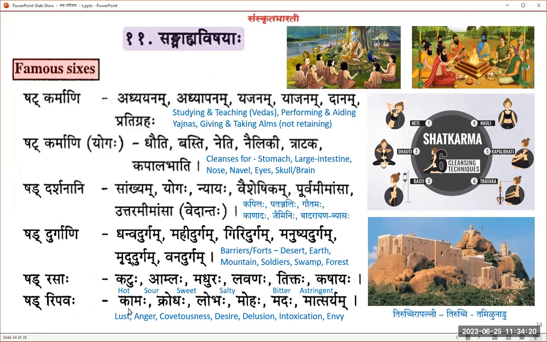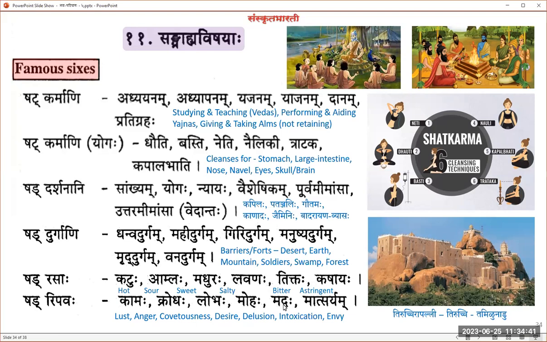So lust, everything starts there. When your kama is unfulfilled, then krodha, anger. And then you covet what is not yours, lobha, and then you become disillusioned or deluded, you lose your sense of control over yourself, moha.